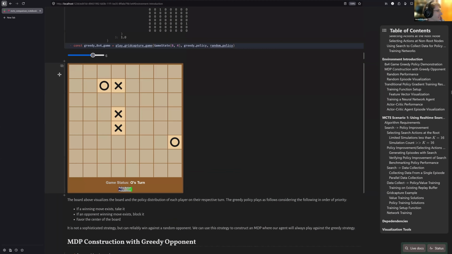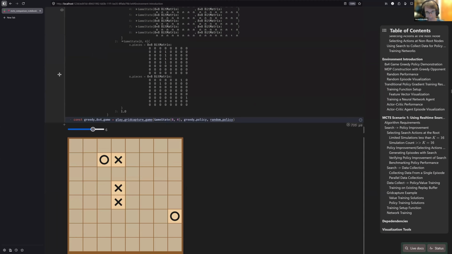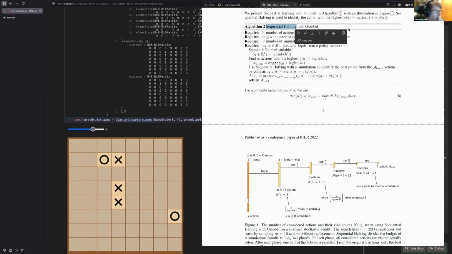So this is a game where the players alternate. Now, to avoid some additional complications, I'm going to discuss this whole tree search algorithm in the context of MDPs, or Markov decision processes, which are things in reinforcement learning where a single agent is acting in an environment.